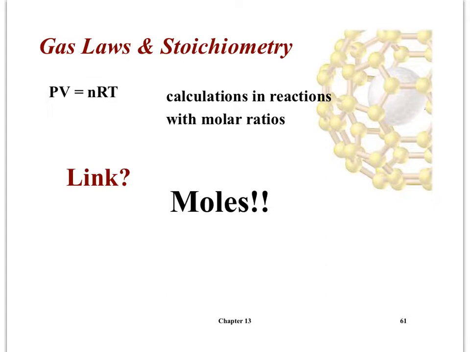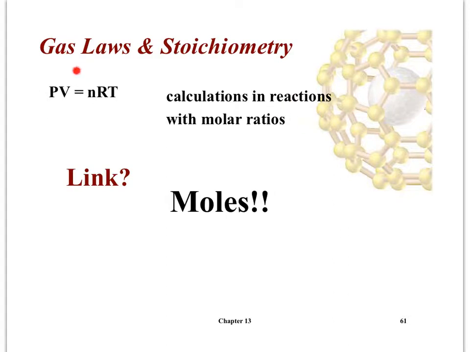So we're going to do one of two things in these calculations. Either we're going to have a gas, and we're going to be given information about that gas in order to calculate the moles of the gas, and then using the moles that we got from PV equals nRT, we're going to use those moles to go to moles of another substance, and then maybe to grams or to molecules or whatever else.